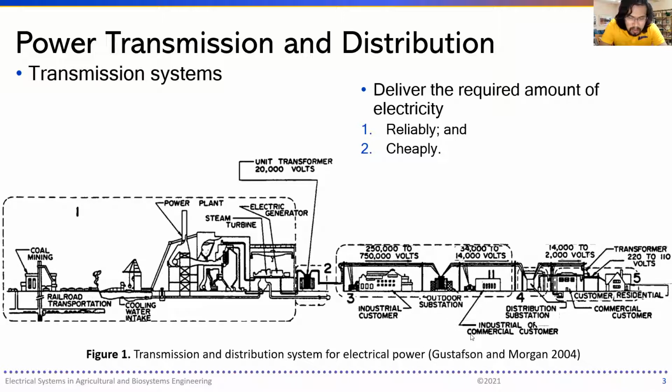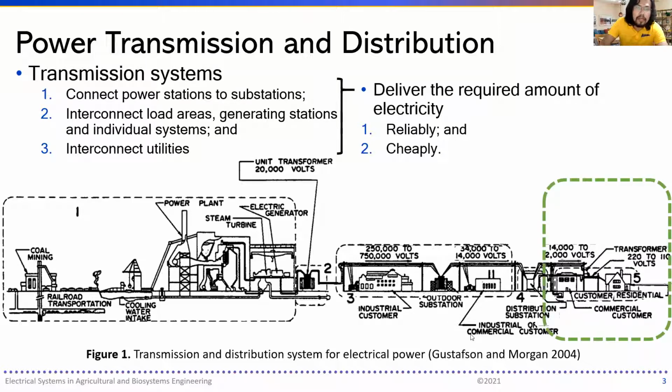This is where transmission comes in, because we want to deliver electricity that is reliable and cheap, and this can only be accomplished by connecting power stations to substations, and to interconnect the load areas together, that would be the generating stations and individual systems. And then we want to interconnect utilities.